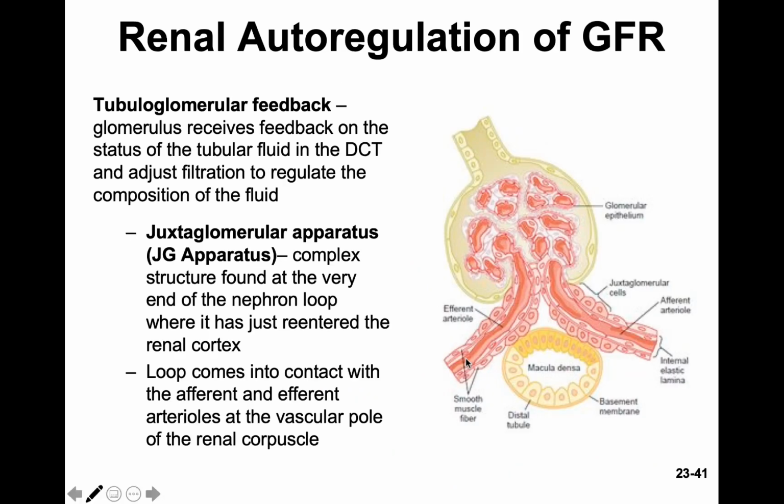Now, most of the time, we're going to be spending on the tubuloglomerular feedback. So in order to do this, I need to draw for you what a nephron actually looks like. So far you've learned that you have the glomerulus, an afferent and an efferent arteriole, the PCT, and the PCT goes down to the loop of Henle, right?